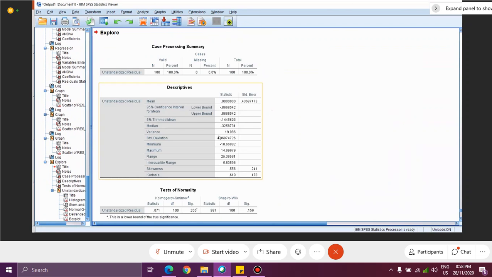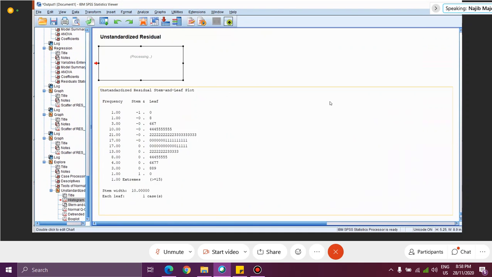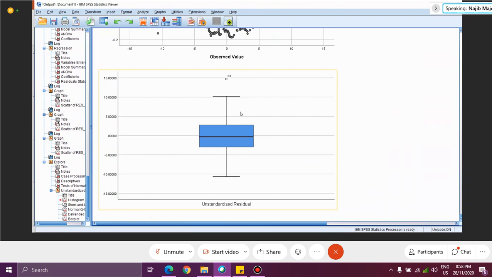Okay, you can examine the histogram of the residual. So here it has a nice bell-shaped curve indicating normality of the residual, and you can also look at the box and whisker plot, right? The box and whisker plot here also indicates that there's no violation in the assumption of normality.